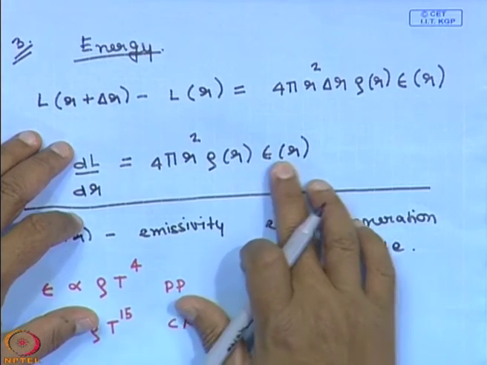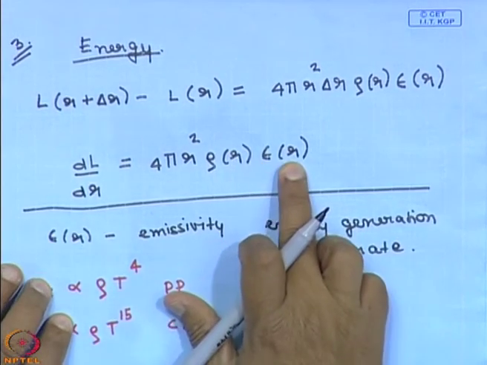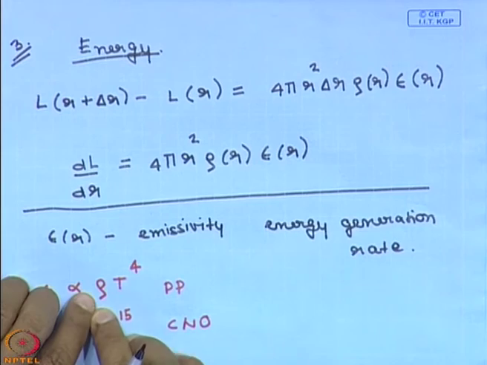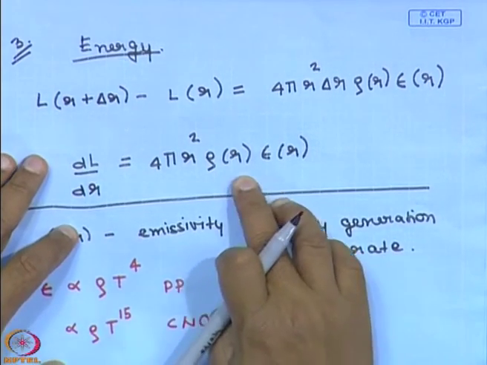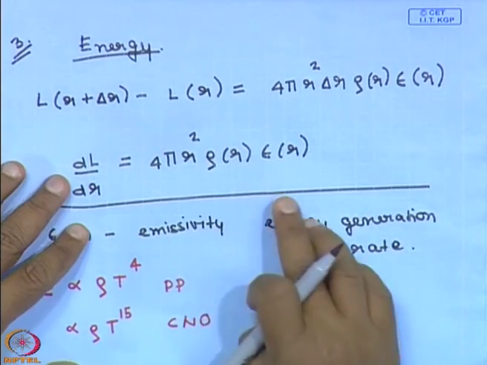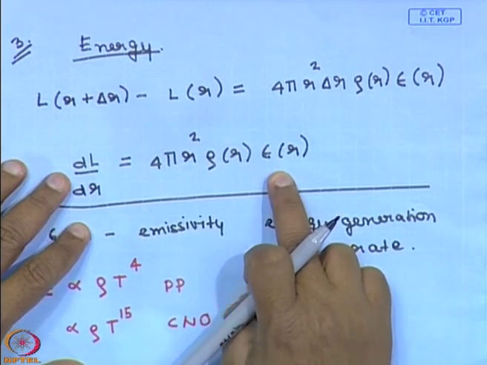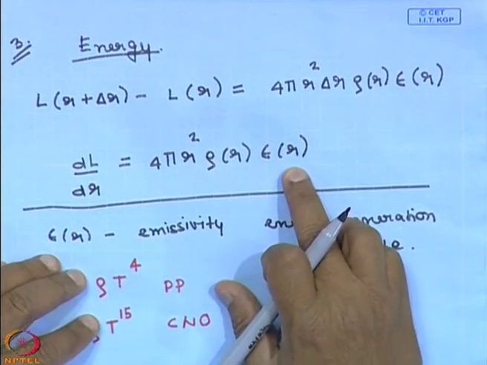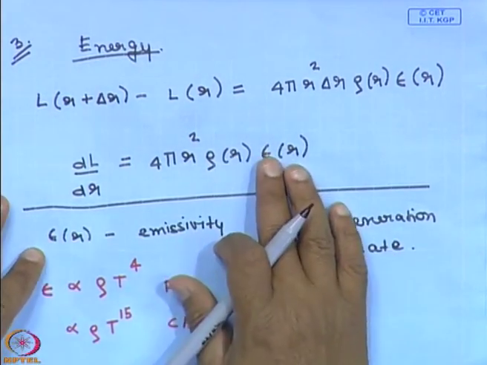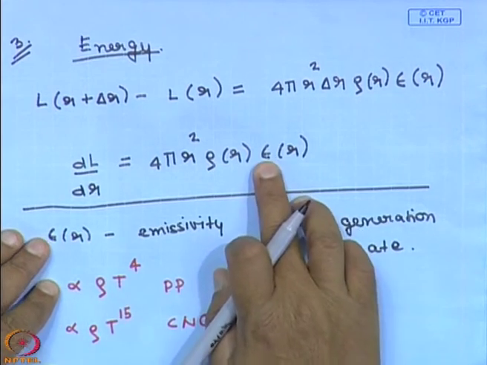We have written this as a function of r, because both the density and the temperature are just functions of r. In reality, if you look at the physics behind it, it is a function of the density and the temperature, but since these are themselves functions of r, when you solve the stellar structure you can think of it as a function of r.